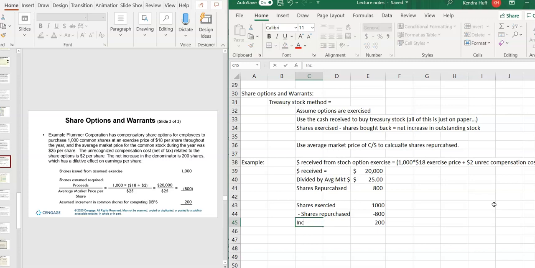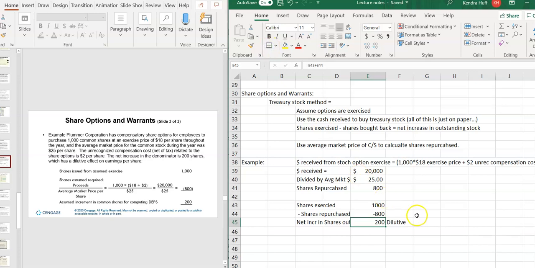It's like a net increase. And since it's a net increase, then it's dilutive. These are all shares.